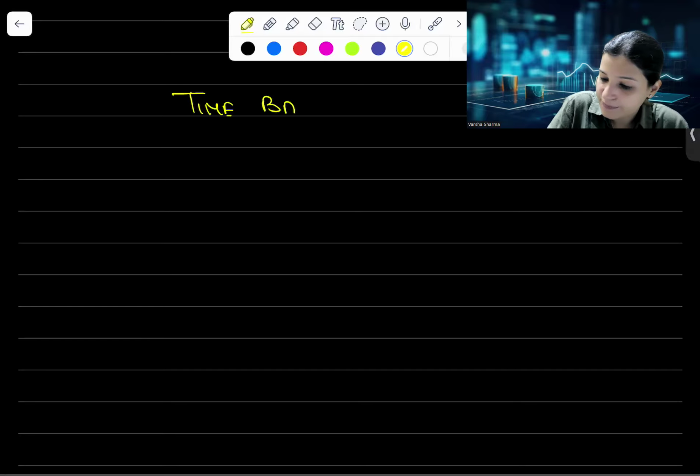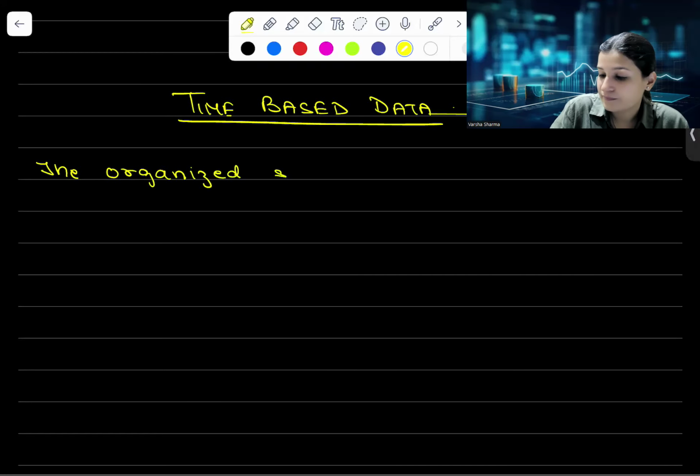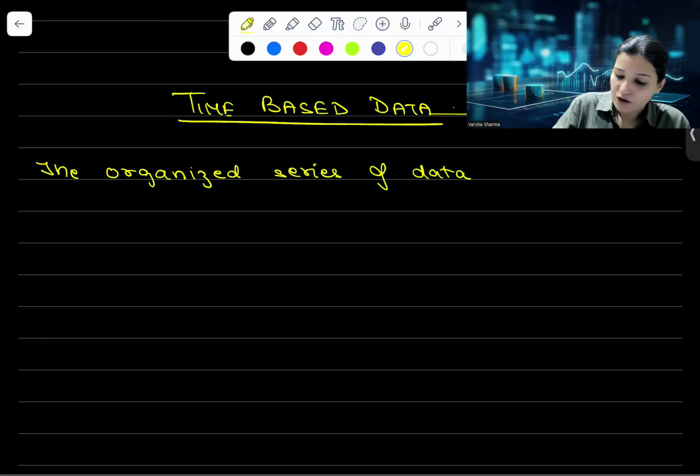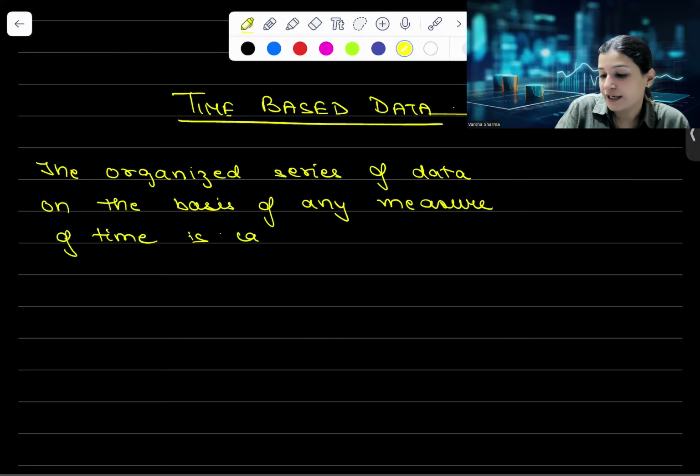Question chapter is time based data. First, the organized series of data on the basis of any measure of time is called time series.